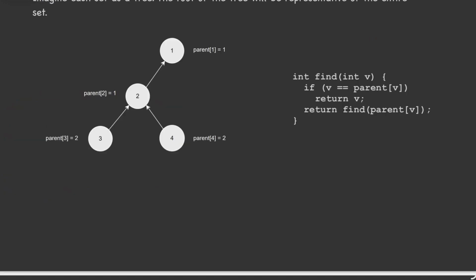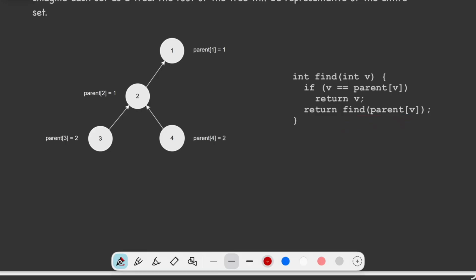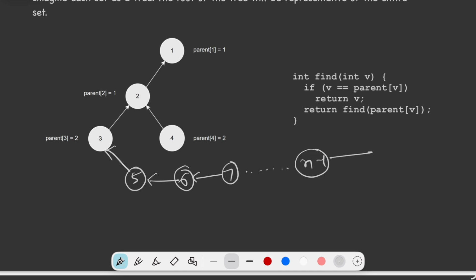Okay, so once we have done the coding of union and find, both the algorithms, we will understand the time complexity of our current code. So let's look at the find operation. Here is the find code that we just built. If you look carefully, we are traversing nodes one by one in an ancestor chain. So let's say you have something like this. You have here 5, here you have 6, here you have 7, and till n minus 1 and then n.